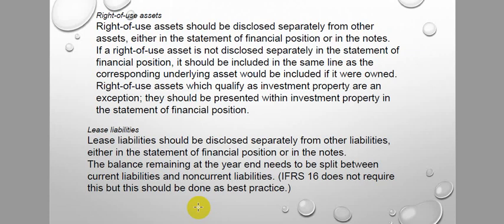The lease liability should be disclosed separately from other liabilities, either in the statement of financial position or in the notes. The balance remaining at the end of the year needs to be split between non-current and current liabilities. We just demonstrated that in the previous question.